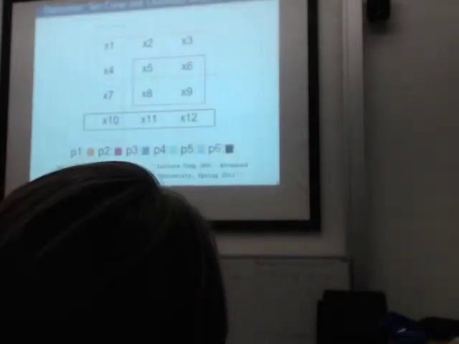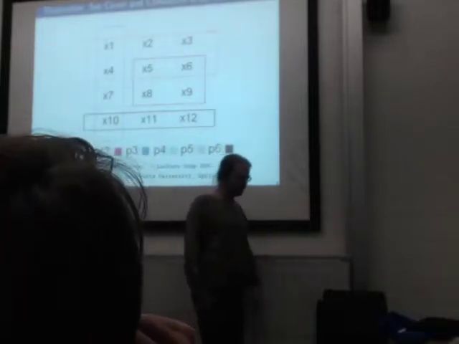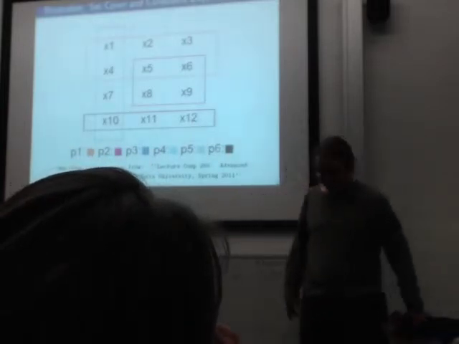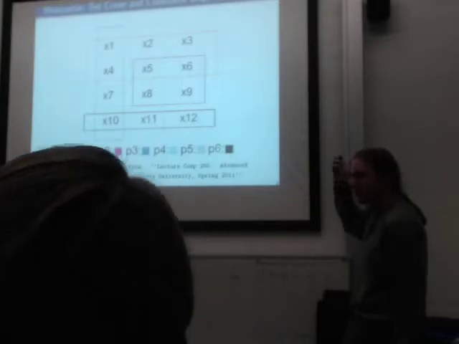Okay. This is a picture of set cover, which I stole from somebody's algorithms class. So imagine you're hiring some people for a job. Person 1, person 2, person 3, person 4, person 5, person 6. Each of these people has different skills, okay?